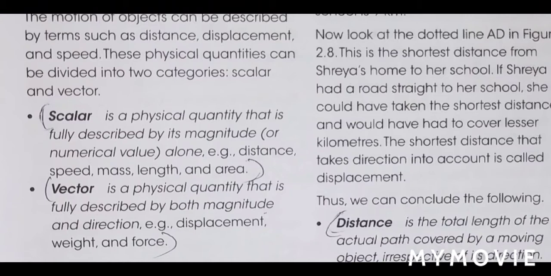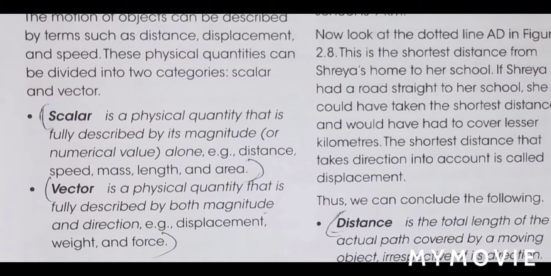What is a physical quantity? We know a physical quantity is a quantity that can be measured. So all the quantities that can be measured are called physical quantities. So a scalar quantity means a physical quantity that is fully described by its magnitude.